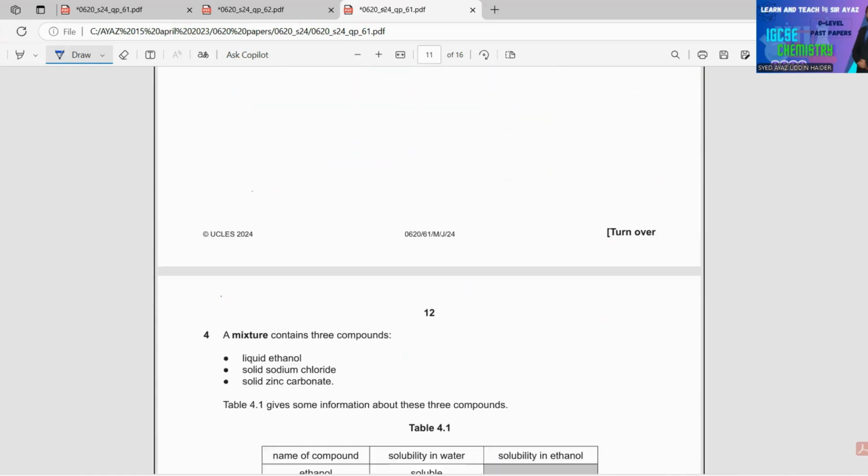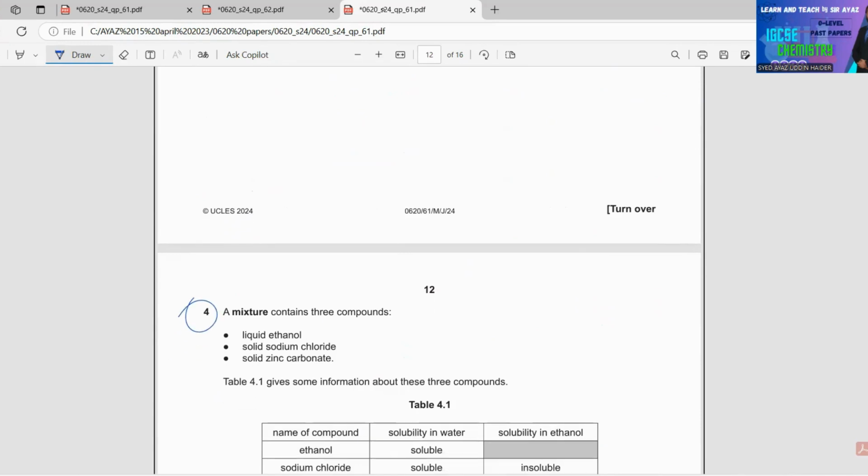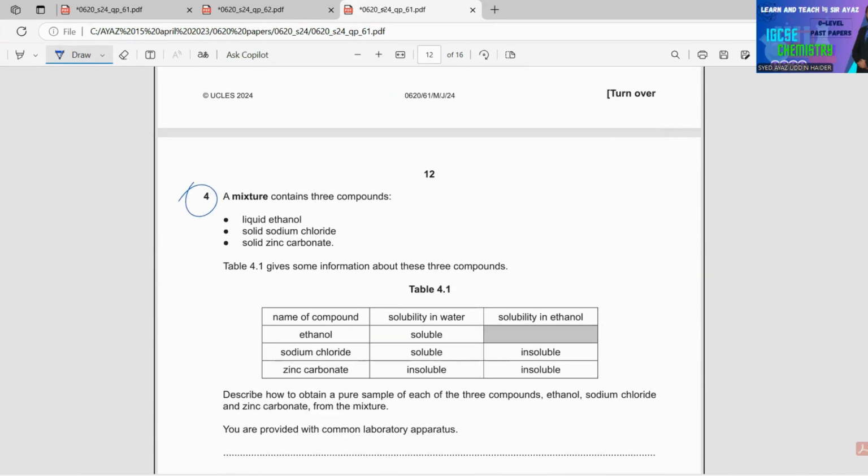Moving to last question, which is question number 4. A mixture contains 3 compounds: liquid ethanol, solid sodium chloride, solid zinc carbonate. Table 4.1 gives some information about these 3 compounds. If you look at this table 4.1, ethanol is soluble in water. What about sodium chloride?